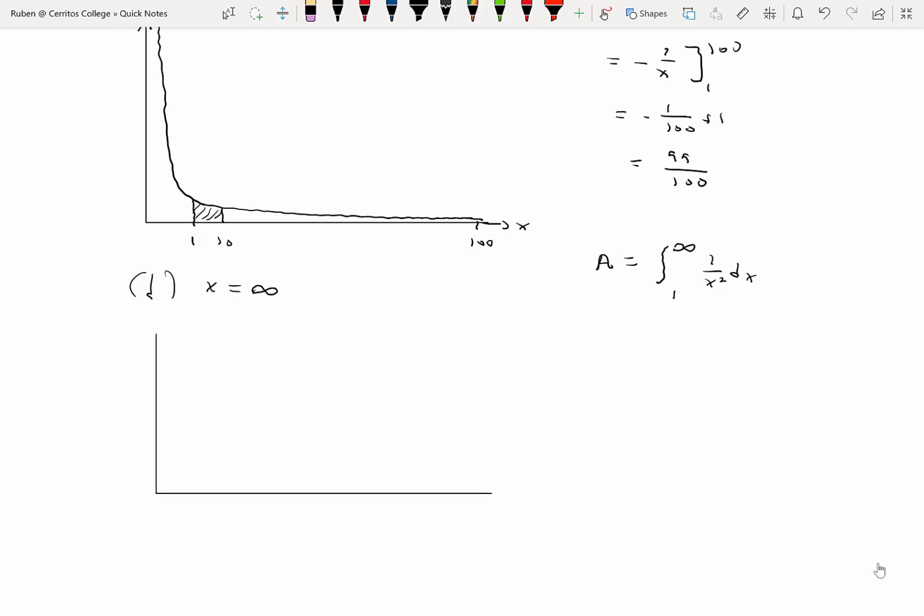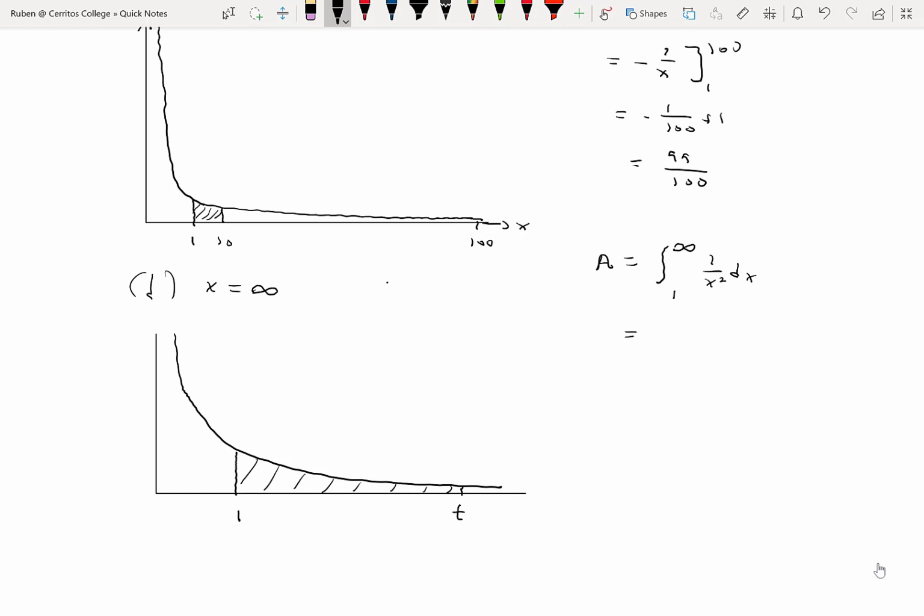So here's our curve again, y equals 1 over x squared. We're going to integrate between 1 and some distinct right-hand endpoint. So integrate from 1 to t. That'll give us a very specific amount of area. And in the end, we'll take the limit of that area as t approaches infinity.